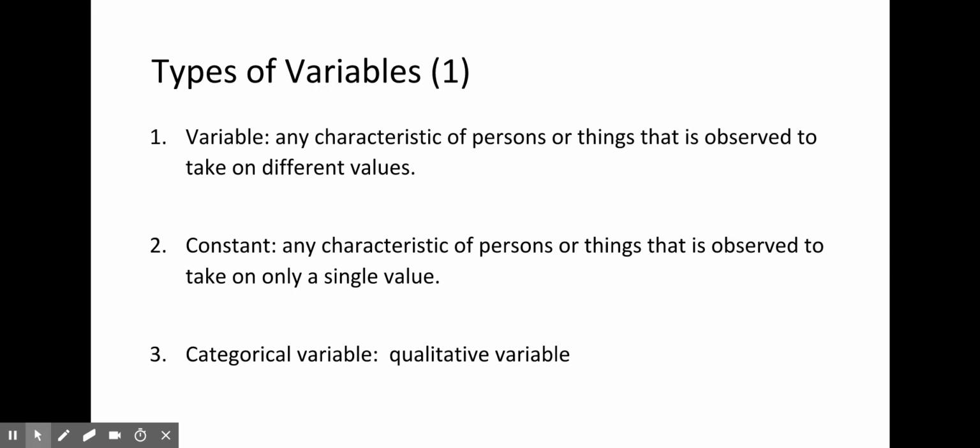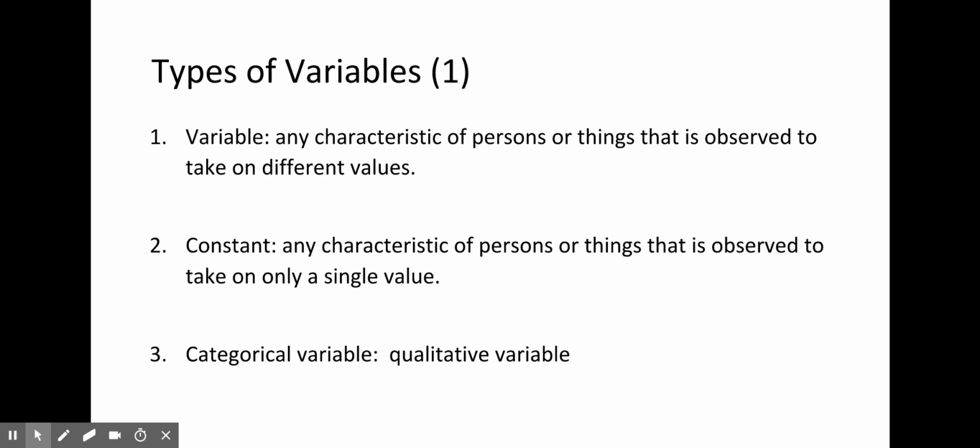All right, types of variable. Let's move on to the next topic. When you try to develop a hypothesis, I mentioned what a research hypothesis must include: an expected relationship between variables.